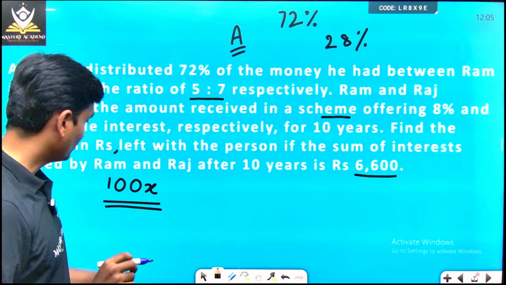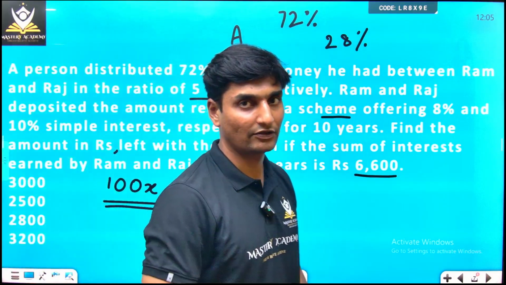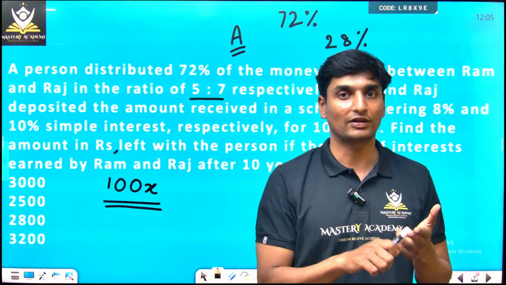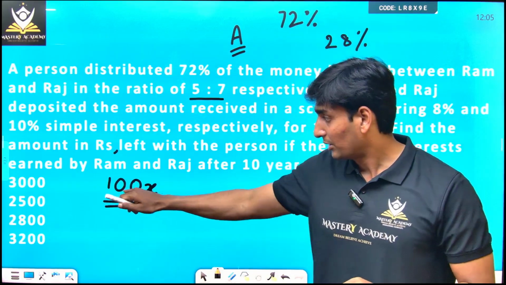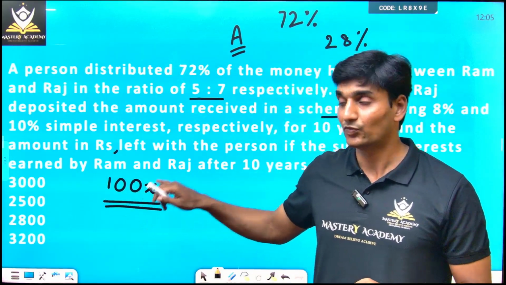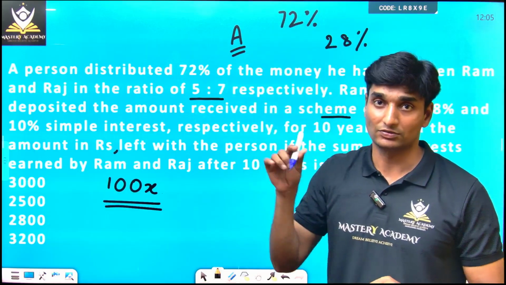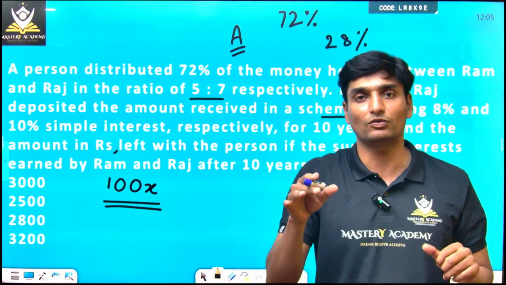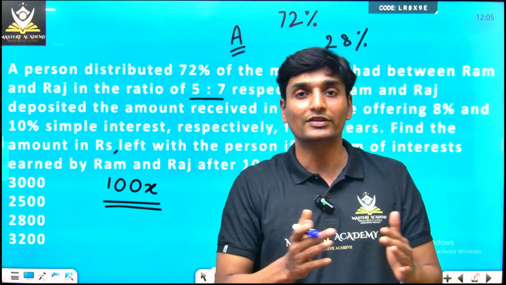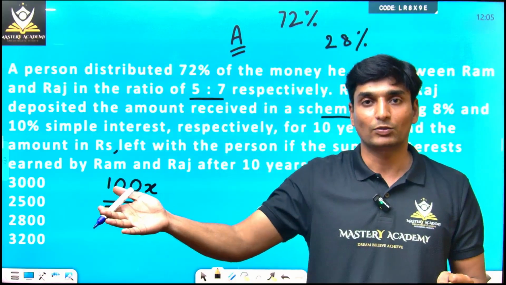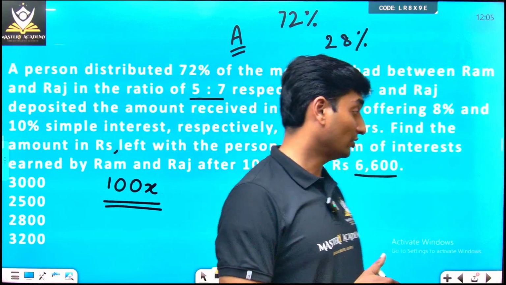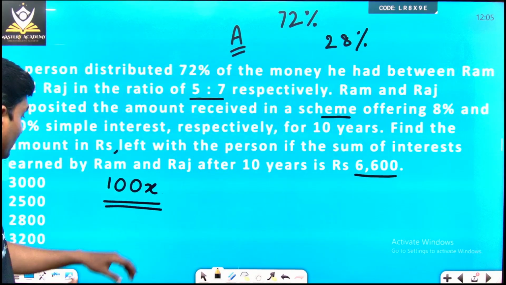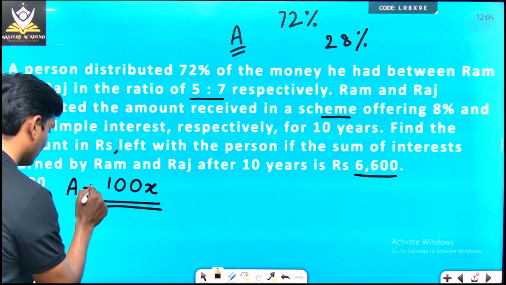Now the question comes, why 100x? You can only take x. Definitely you can take x, 10x, 5x, 100y, anything, but I am taking 100 because it will be easier with percentages. For the calculation part it will be easier, and we'll skip the decimal or fractional details. That is the reason I am considering the initial amount of person A to be 100x.